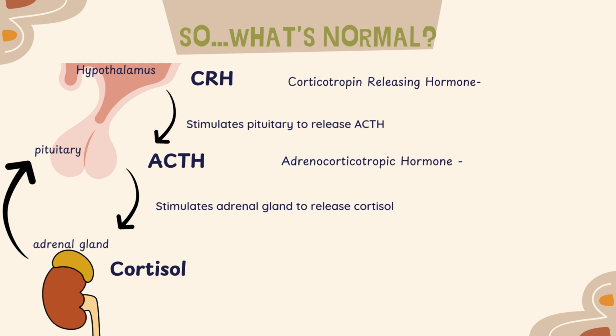At that point, the pituitary gland and the hypothalamus can dial down the amount of CRH and ACTH that they make. This is a negative feedback loop, and this negative feedback loop is what keeps everything in balance.